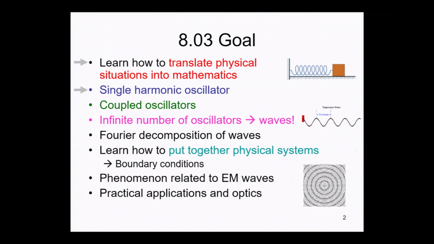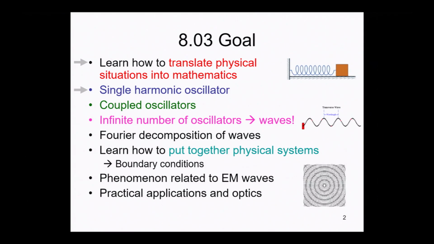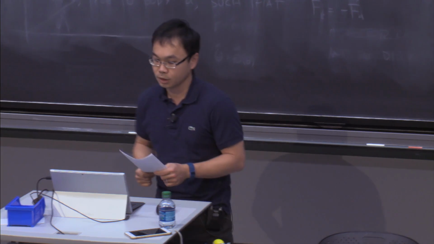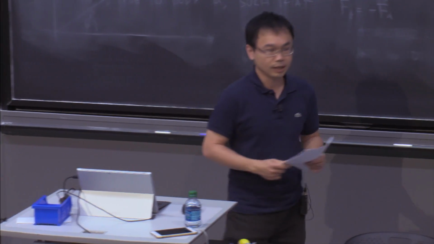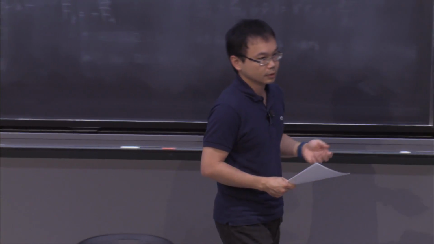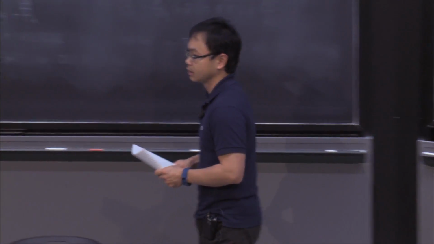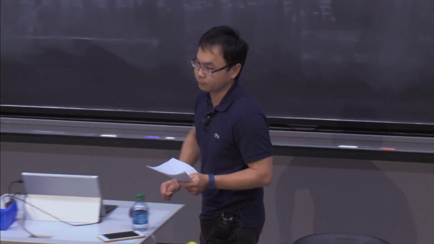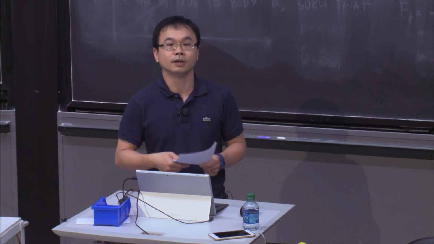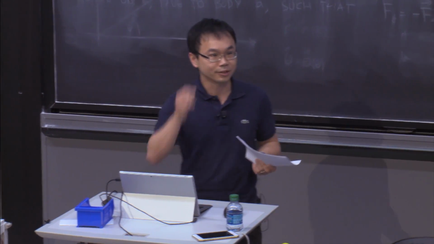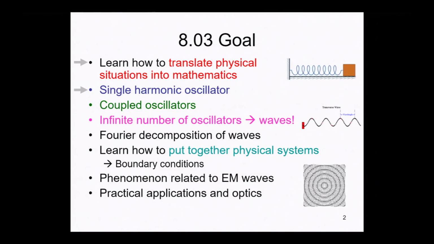We also started this course by solving really simple examples, single harmonic oscillators. You will see that from the next lecture, we are going to bring in more and more objects.